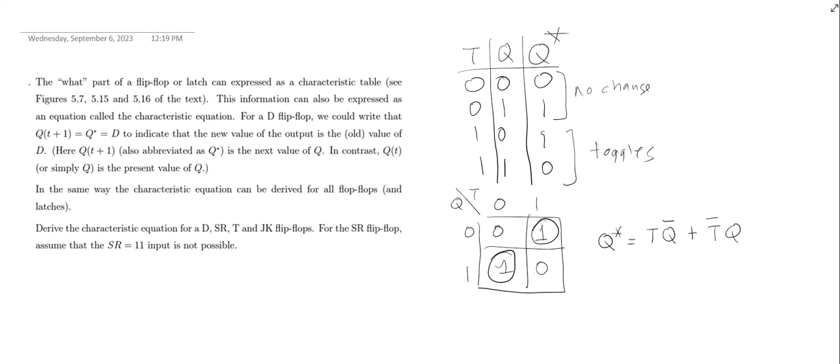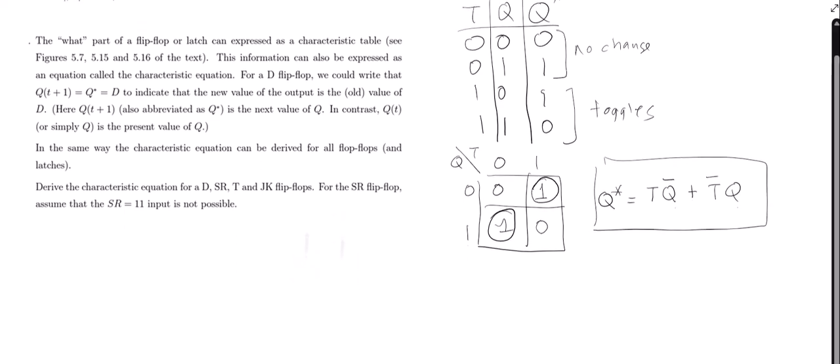Well, we'll just leave it like that for now. Okay, so that is your characteristic equation. If you are told to write a characteristic equation, that's how you do it.